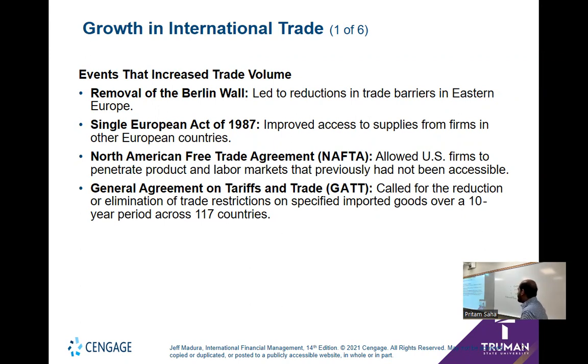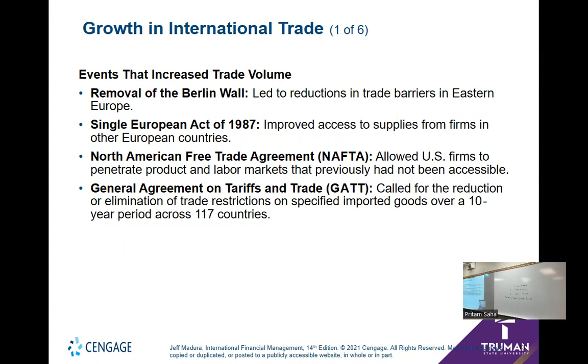North American Free Trade Agreement, popularly known as NAFTA. This is a trade agreement, I believe, between Mexico and USA. And we already looked at that Mexico is one of the largest trade partners of USA, right? So this is an agreement so that they can export and import between these two countries.